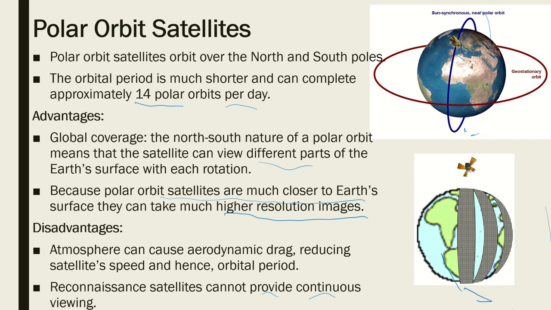And they can take better images, but a disadvantage is that because they're in the Earth's atmosphere, the atmosphere can cause drag on the satellites and reduce their speed and hence the period. And they don't have continuous viewing, so they're not very good if you want to observe the same area over time, because they're constantly whizzing around the poles.